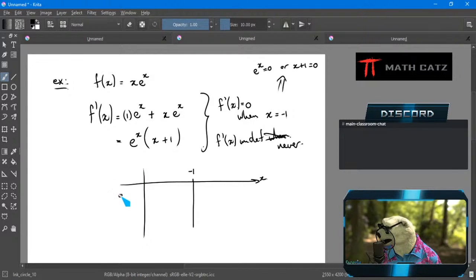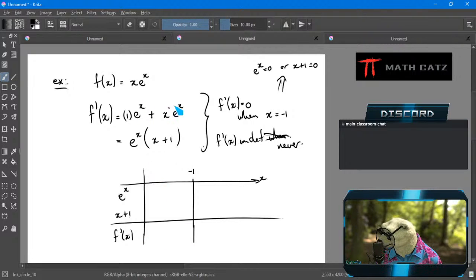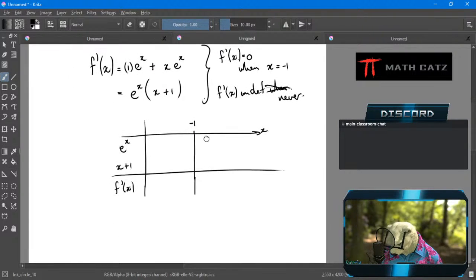So everything I list, e to the x, x plus 1, together give me the derivative. It has to be multiplication or division. I could not have taken the top, which had two terms. Okay, e to the x, again, I read it off my graph, it's always positive. X plus 1 is 0 when x is -1.